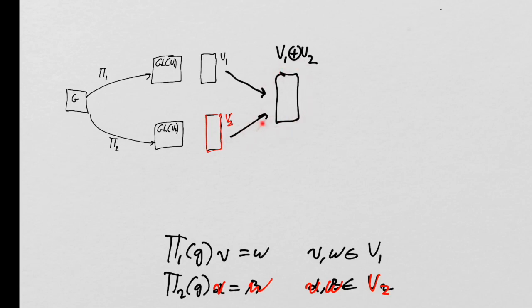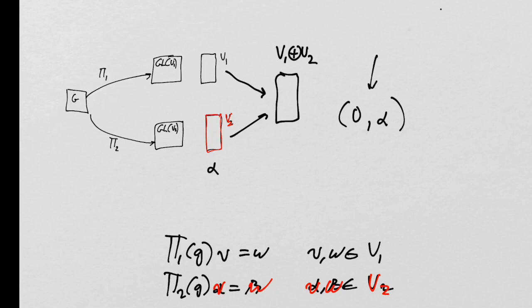There is a mapping from V2 into V1 plus V2. If I have an element here in V2, say an element alpha, it would map to the zero of V1 and alpha, that ordered pair.